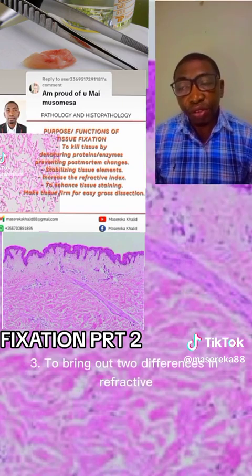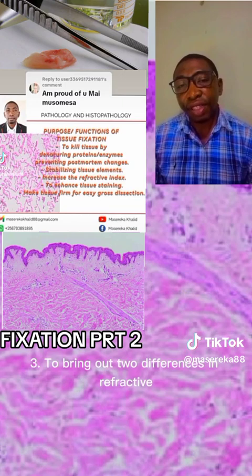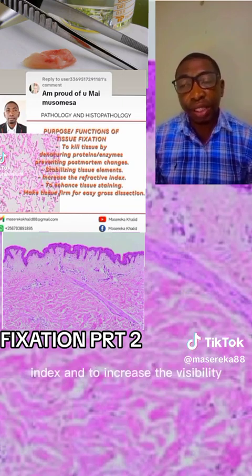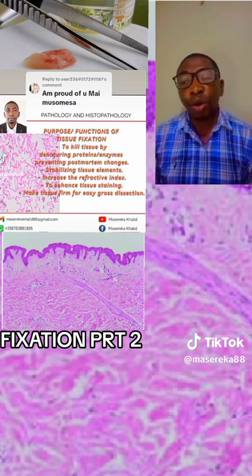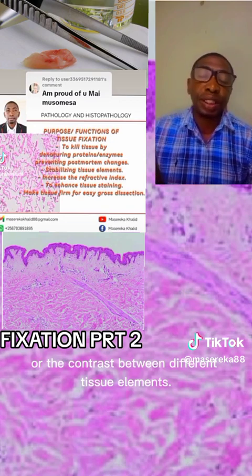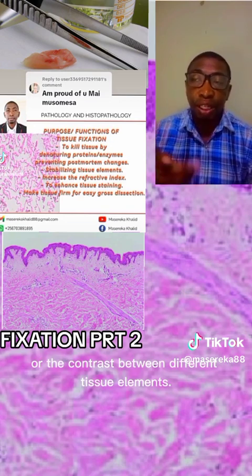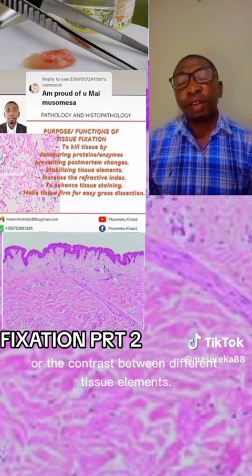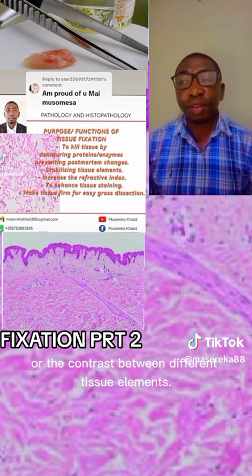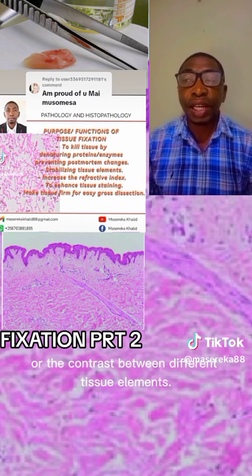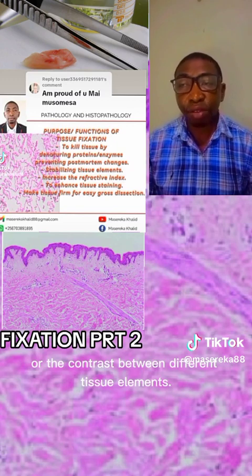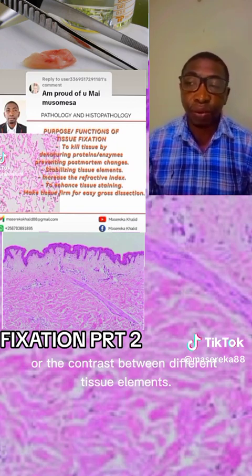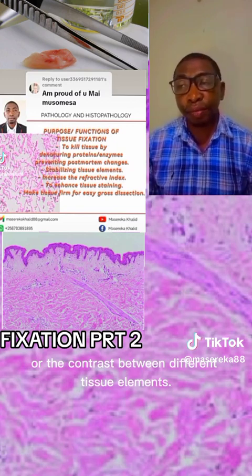To bring out differences in refractive index and to increase the visibility or the contrast between different tissue elements. Refractive index refers to the ratio of the velocity of light in air to the velocity of light in a liquid or solid medium.